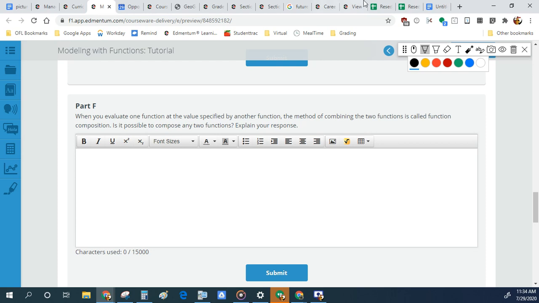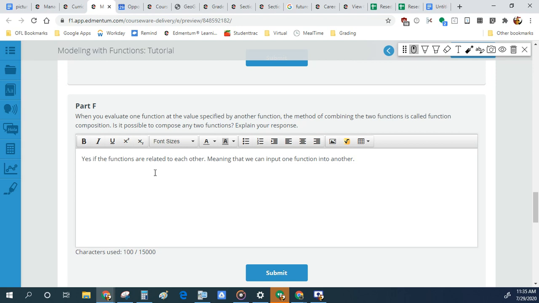The long answer, instead of "yes, because we did it," would be: yes, if the functions are related to each other, meaning that we can input one function into another.